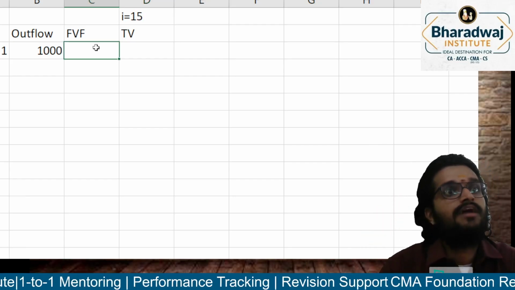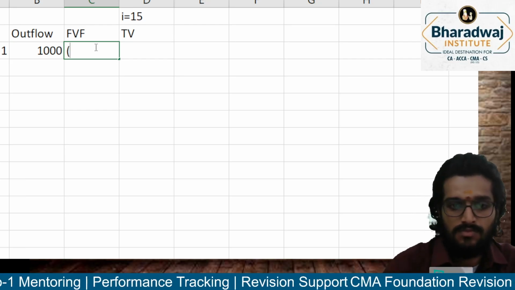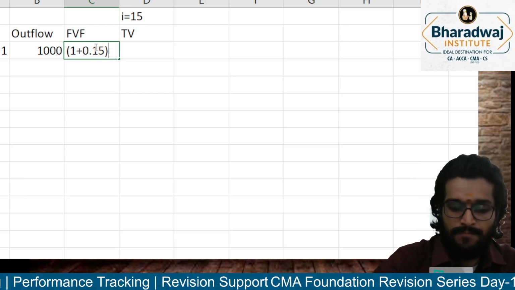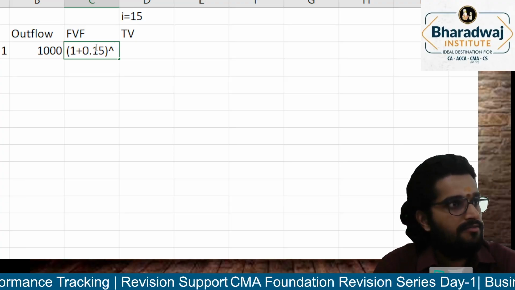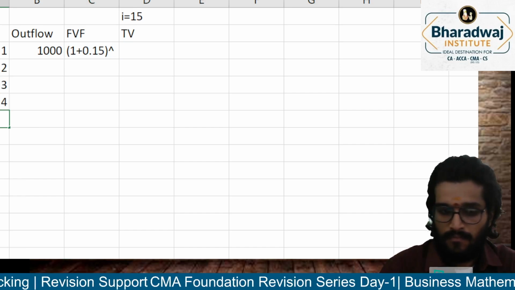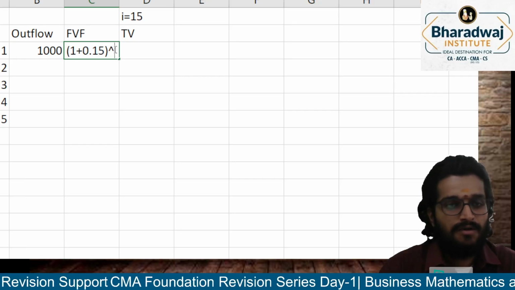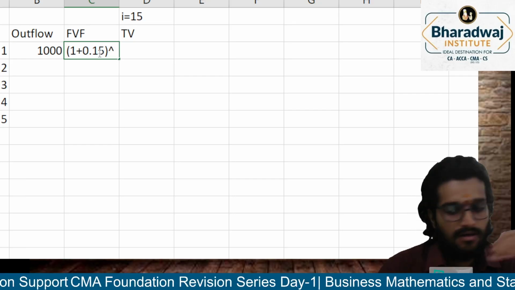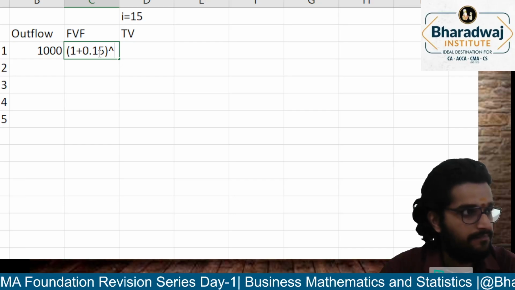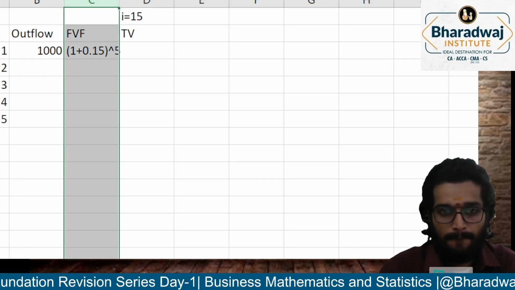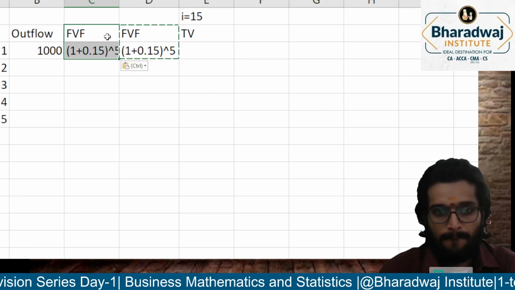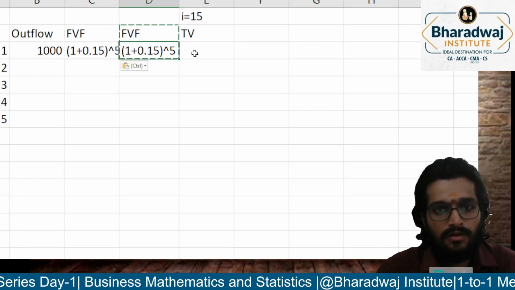So what can be the future value factor? 1 plus 15%, which is 0.15, to the power 5. So this 1000 will be inside the portfolio for 5 years. Clear?